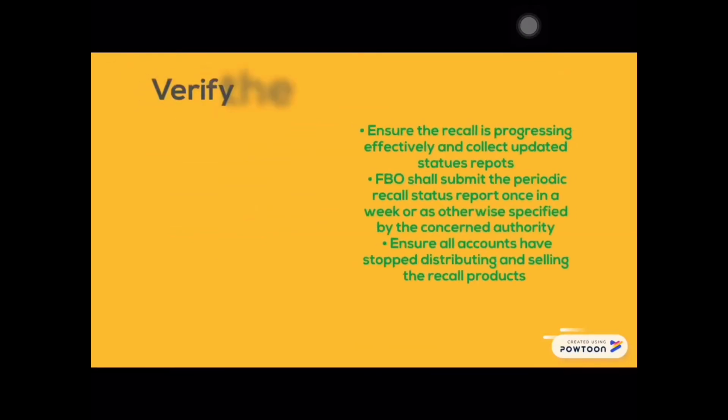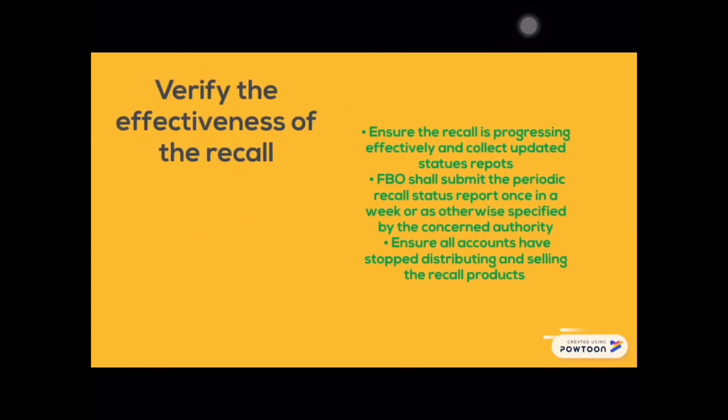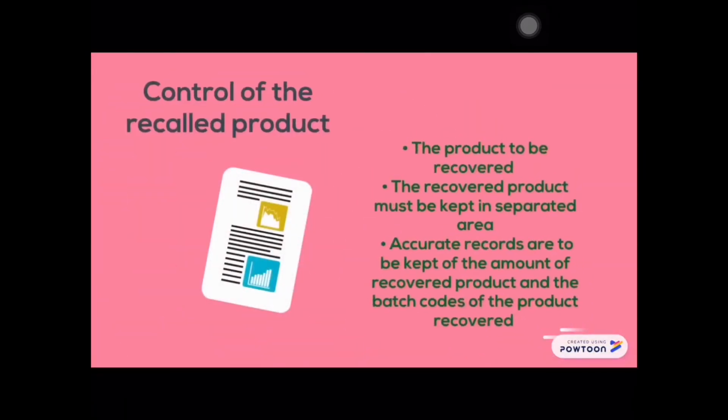The verification of the effectiveness of the recall process is very important for a good product recall procedure. The aim of control of the recall product is for the product to be recovered.